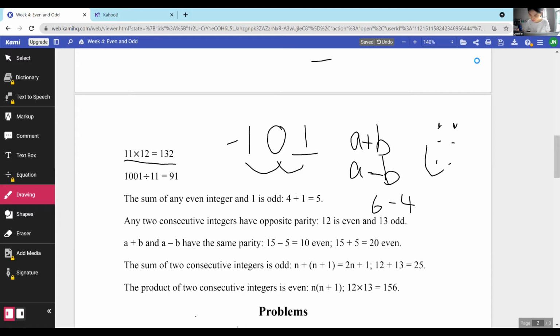We're just taking away each of these two. Minusing multiples of 2 does not change the parity, right?